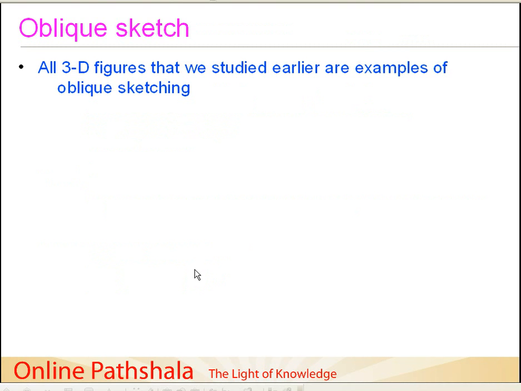The oblique sketch is not something very new to you. In fact, throughout this chapter's earlier video lessons, you would have seen that we used three-dimensional figures to show you a cube, or when we gave the example of faces, vertices and edges, we took a cuboid. They are all examples of oblique sketches.